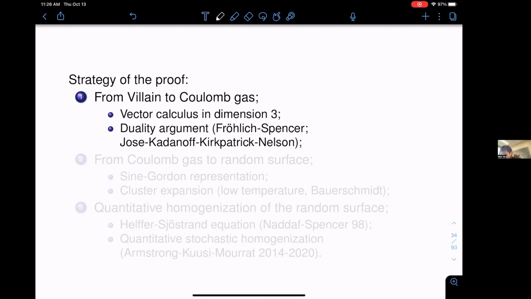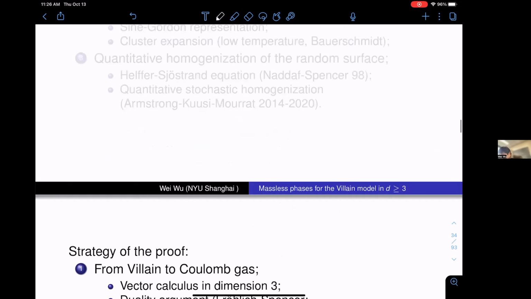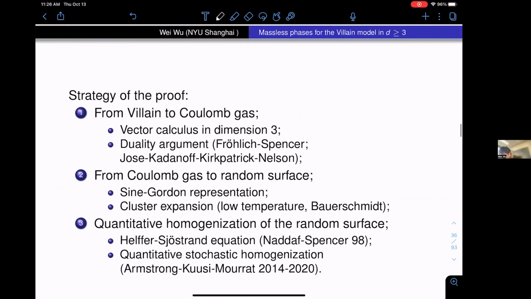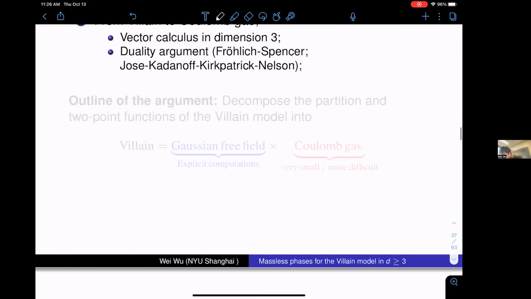So the strategy is based on the following. First, we use this rigorous Coulomb gas representation for the model. The Coulomb gas representation perhaps goes back to the early days of Kadanoff and co-authors, and then it was made rigorous by Froelich and Spencer.